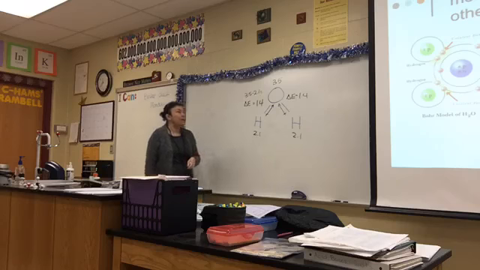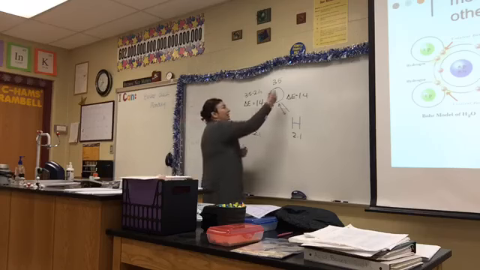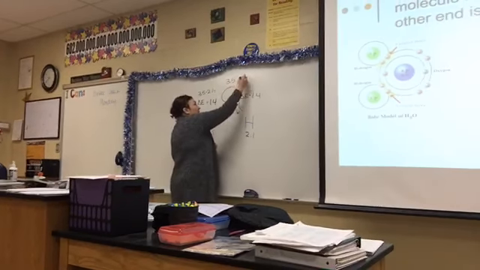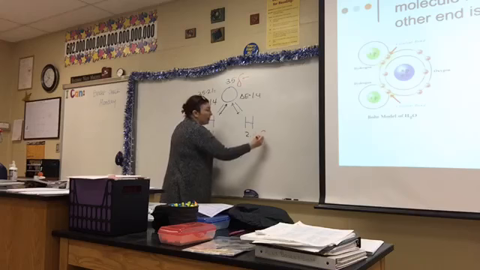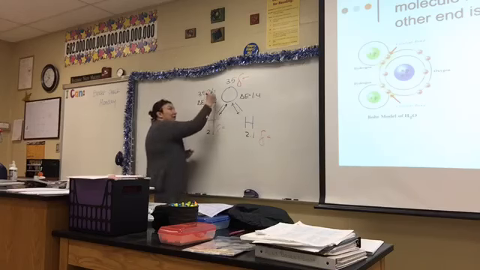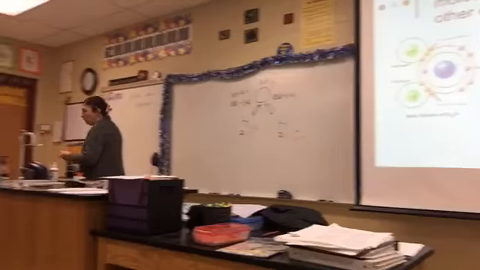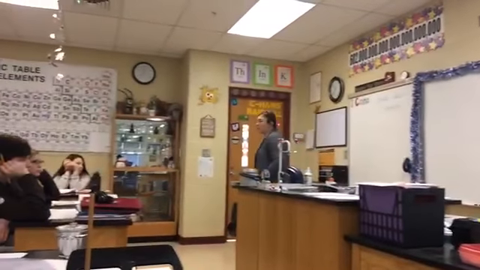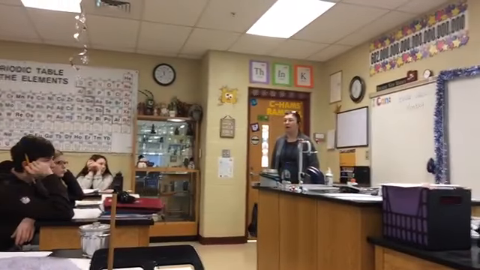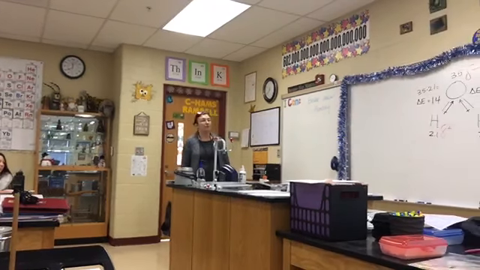And when that happens, that gives oxygen that slightly negative charge, and each one of these is slightly positive. So this end is negative and that end is positive of a water molecule. That gives water molecules a lot of physical and chemical properties. Well, maybe more physical properties. A lot of physical properties. Okay?